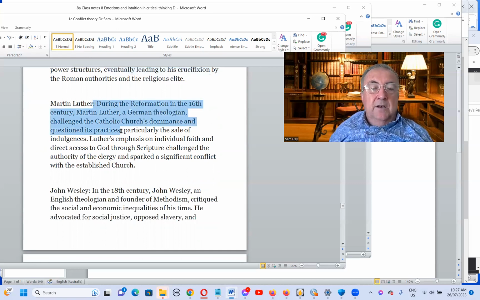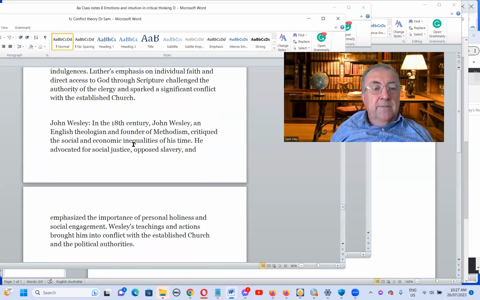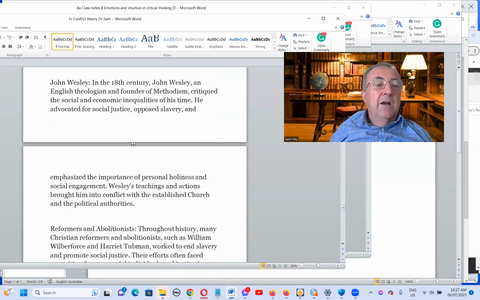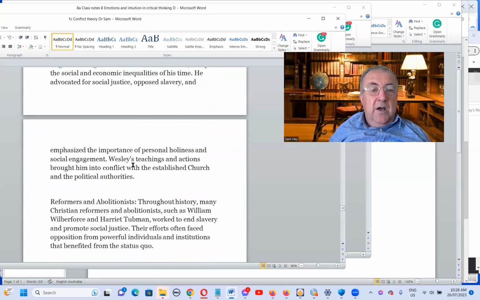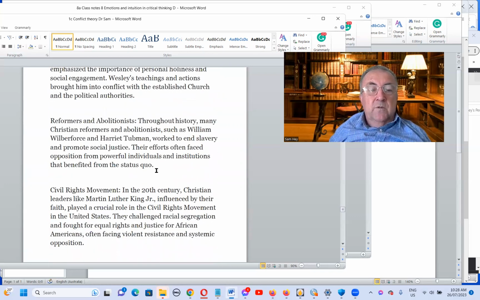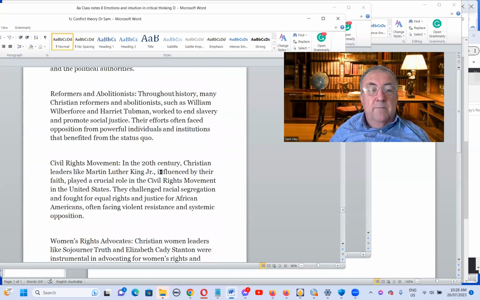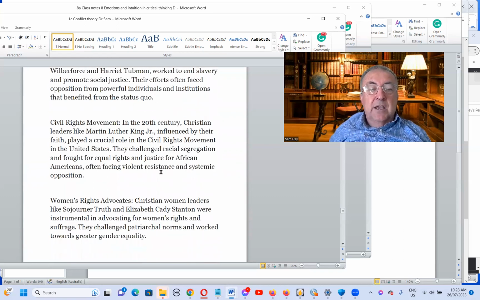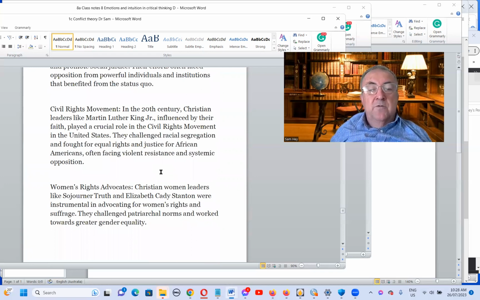Others too, like Martin Luther, focused on the inequalities of his time, and conflict arose as he challenged those inequalities. John Wesley too confronted the social, economic, and religious inequalities of his time, and he advocated for social justice and opposed slavery. Other abolitionists and reformists through history, and William Wilberforce and others, fought to end slavery and to promote social justice and the civil rights movement.